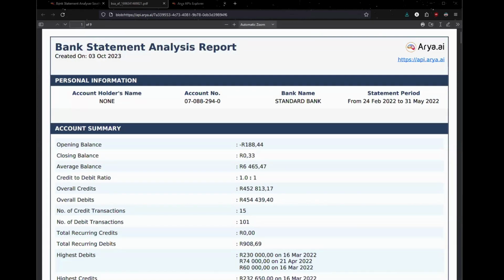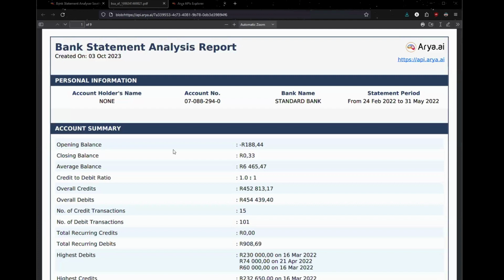As I said already in the starting of the webinar, we currently support 13 countries. The architecture of this API, which relies on machine learning, AI and deep learning, has the ability to capture and give you the report results of different banks of different countries, and it has been performing well in that segment.